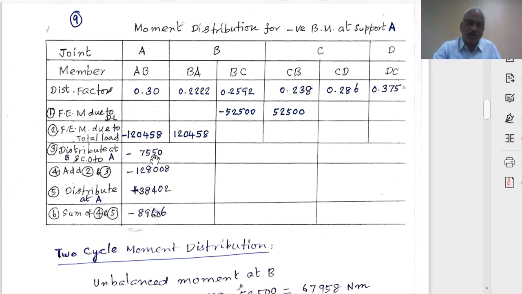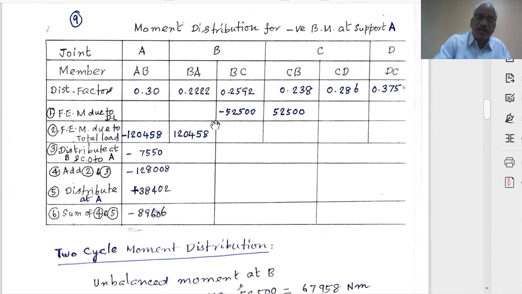Therefore, here we are going to concentrate only on the moment at support A, only on AB. We need not bother about the moment in CB, moment in BC, etc. Whatever member or moment contributes to support A, that alone we will do.